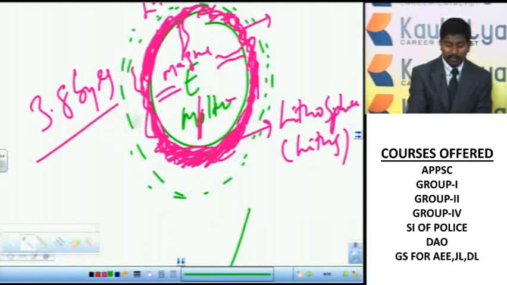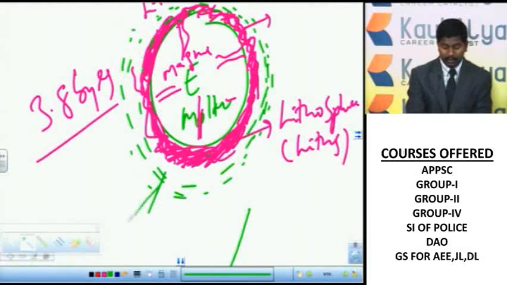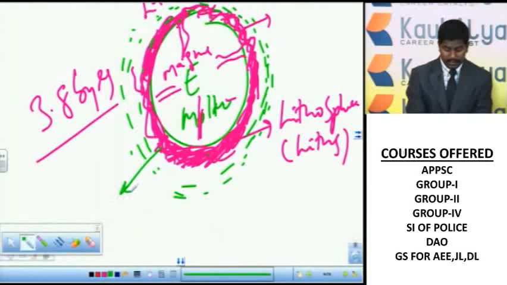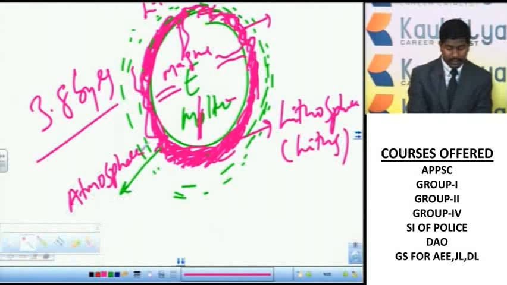When this water vapor and some gases were released onto the surface, these gases covering the surface led to the formation of the atmosphere.